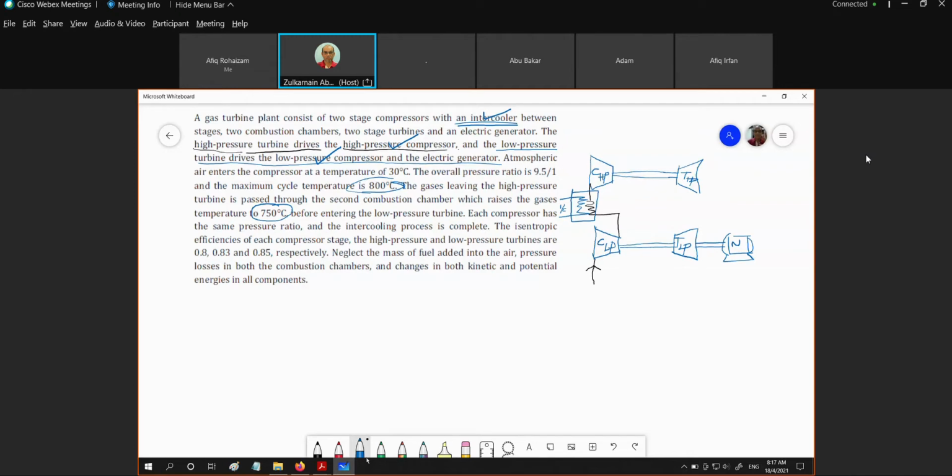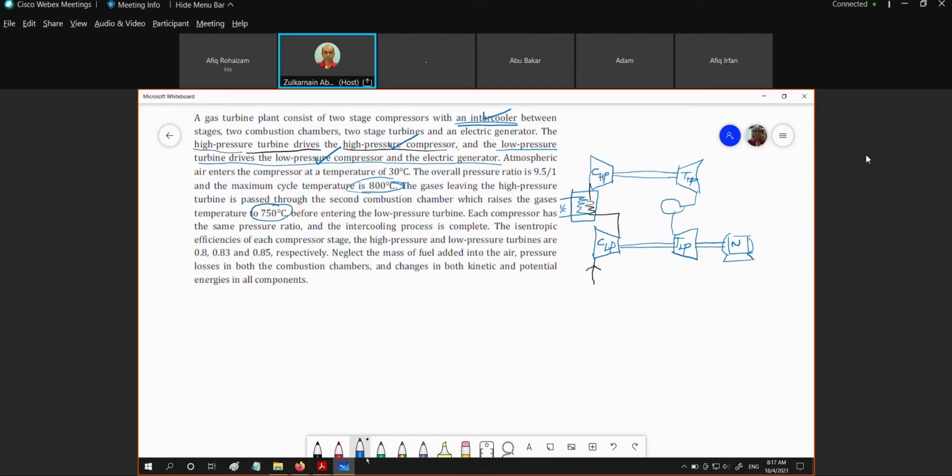If there is a second combustion chamber, meaning there is a reheat, and this particular temperature 750 is for the reheat process. Therefore, when exhausting the combustion gas from the first turbine, which is the high pressure turbine, we are going to have another combustion chamber before entering the low pressure turbine, and this should be the temperature of 750.